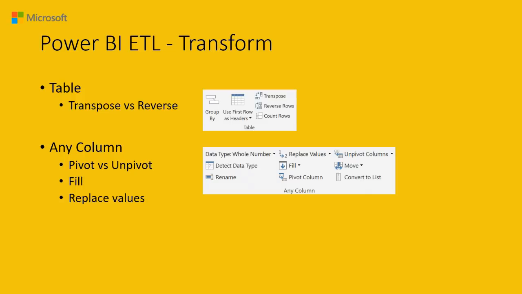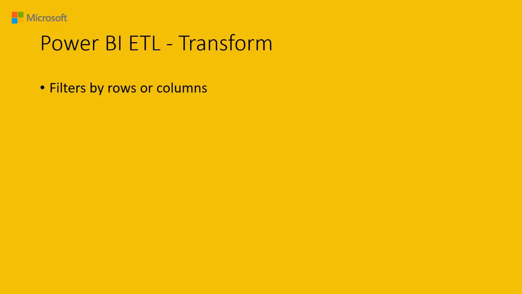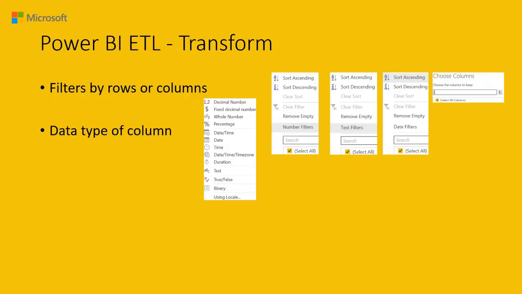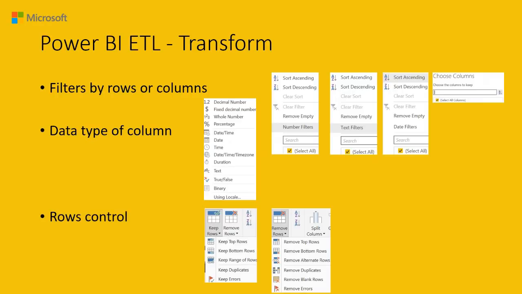During the ETL steps, it's really important to filter by rows and by columns, because it's important to upload the least amount of data we can. So it's also important to do all the tasks related to rows, to control rows.